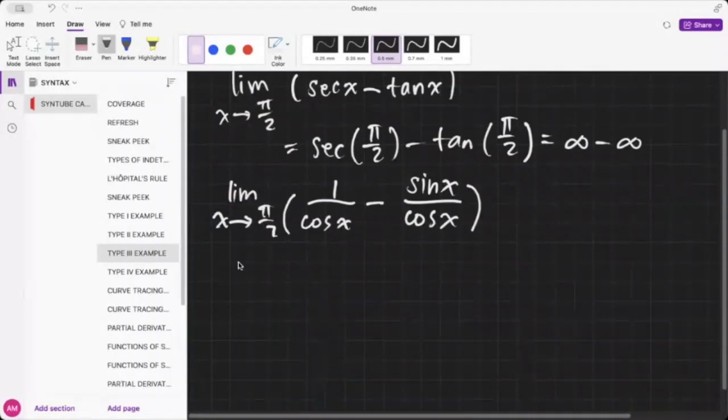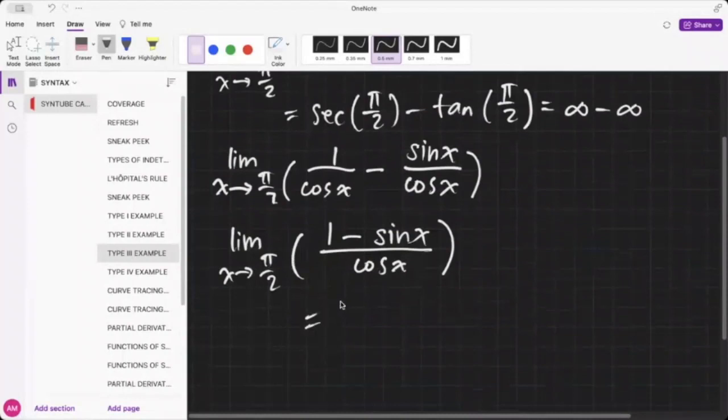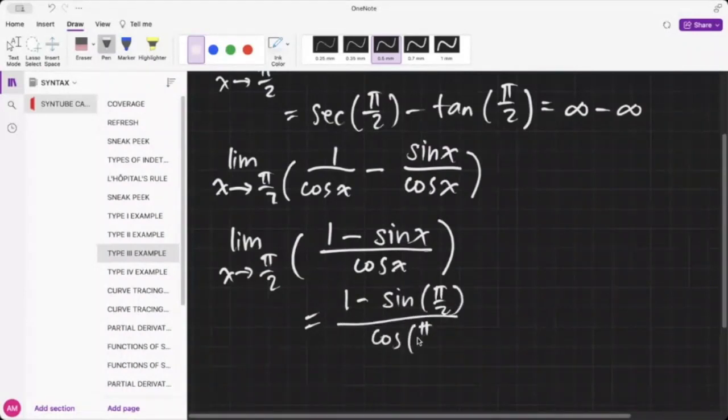So, this is just the same as limit as x approaches pi over 2 of 1 minus sine of x over cosine of x. Let's try to evaluate this. 1 minus sine pi over 2 over cosine pi over 2. That is 0 over 0.